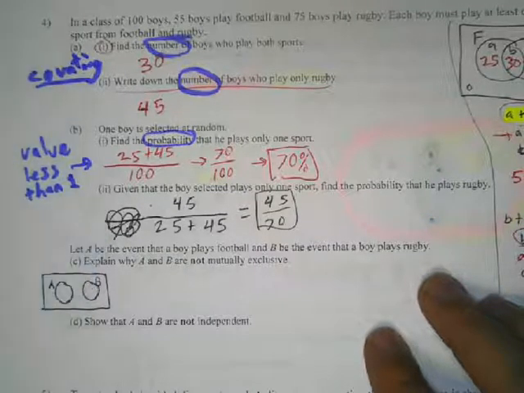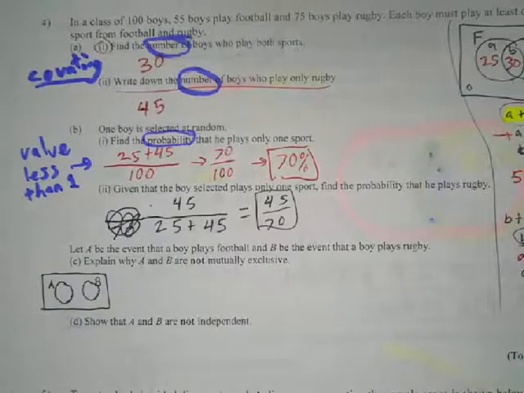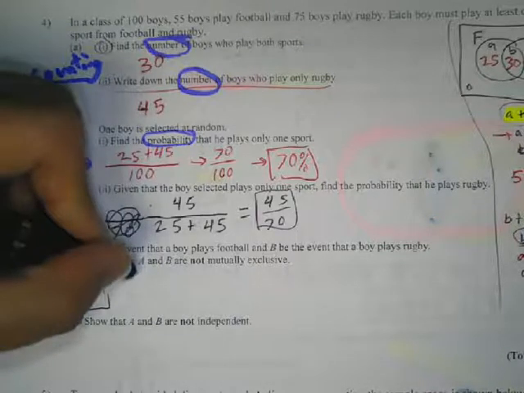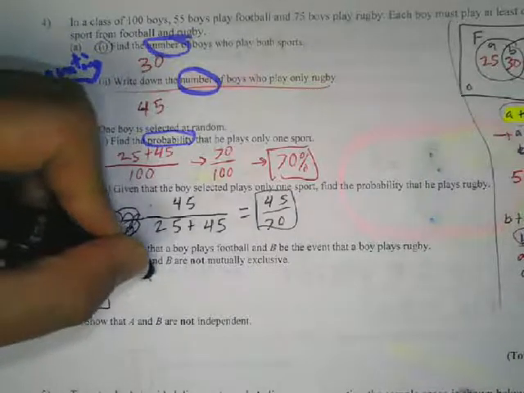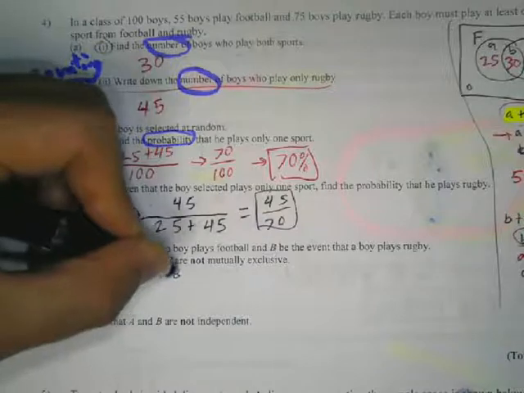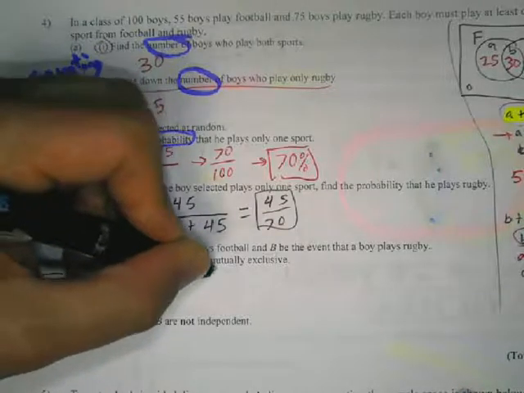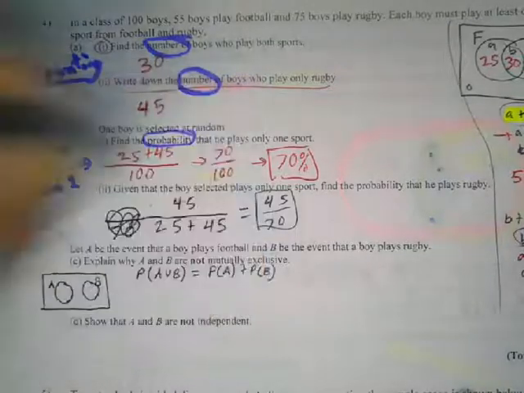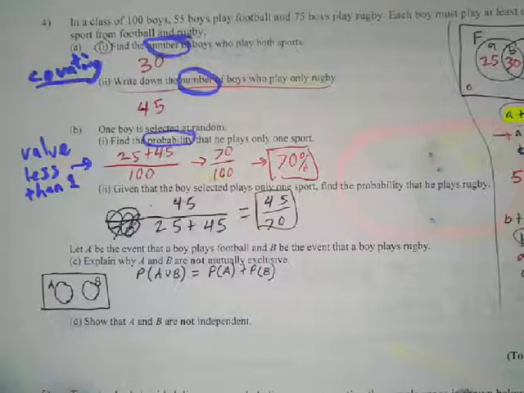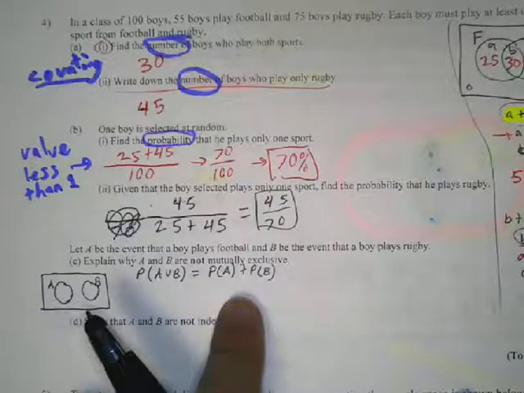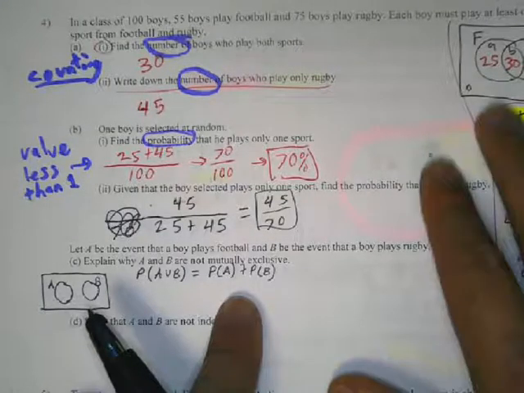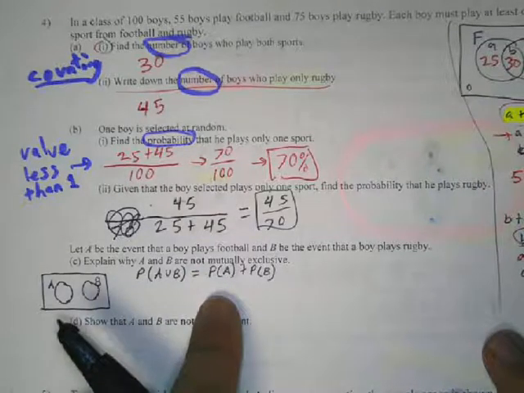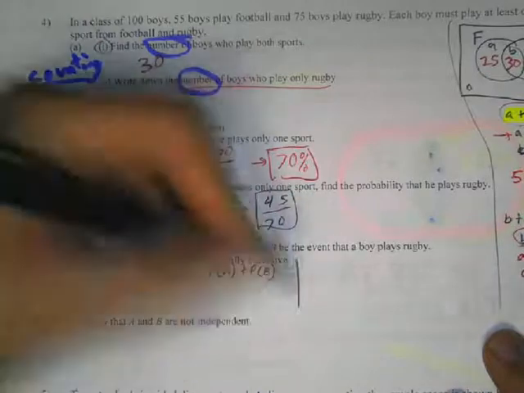So when it's mutually exclusive, you know that the probability of A union B equals probability of A plus probability of B, right? And we know that also there's another way to think about it.